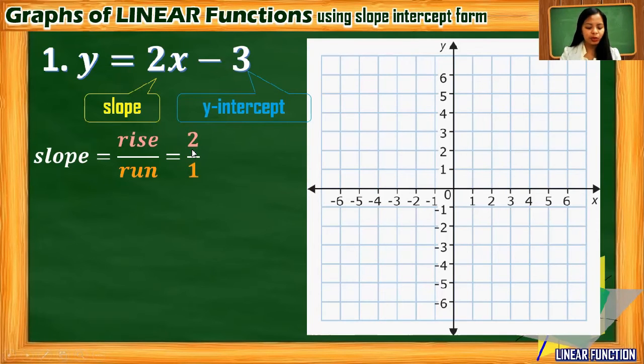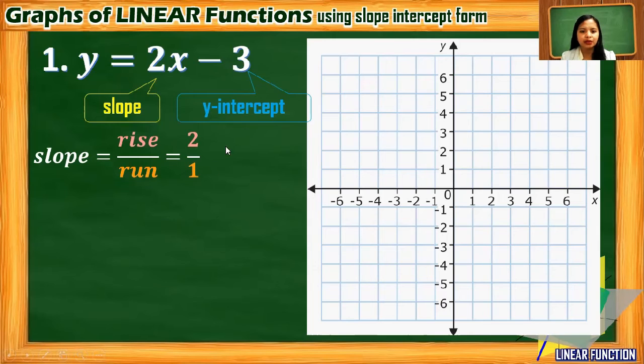We move upward when the numerator is positive and we move downward when the numerator is negative. If our denominator is positive, the movement is to the right, and if this is negative, the movement is to the left. Now, how will we know how many units we are going to move up or down and left or right from the given function?